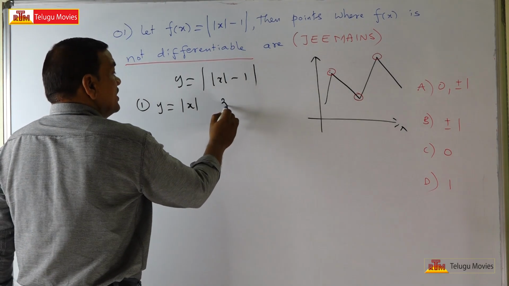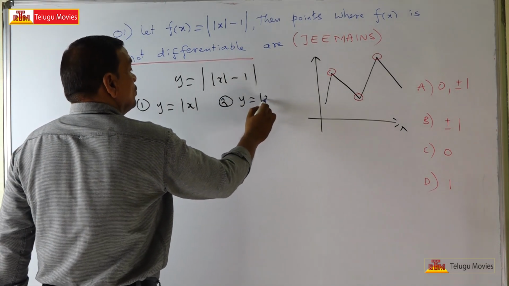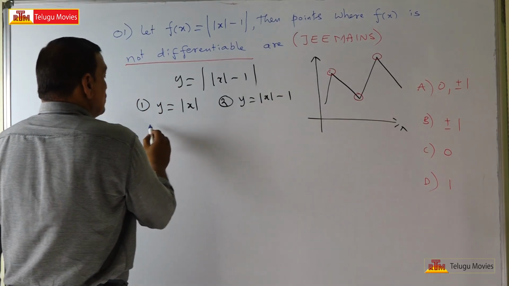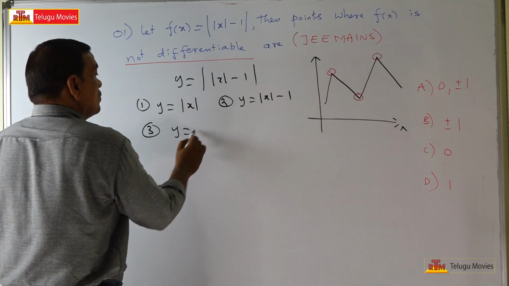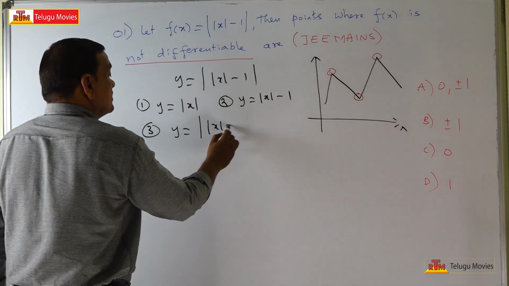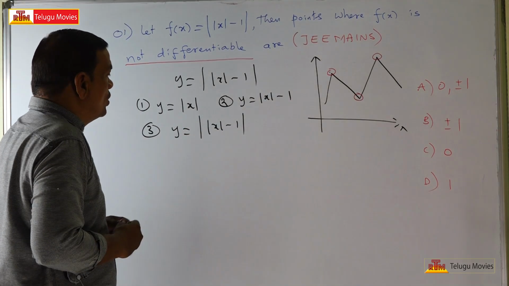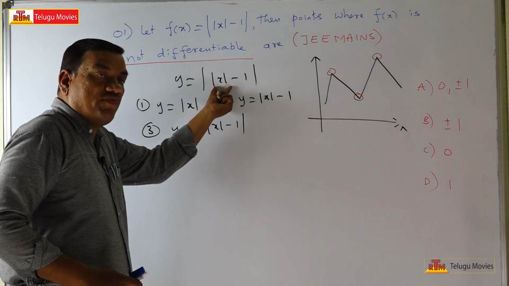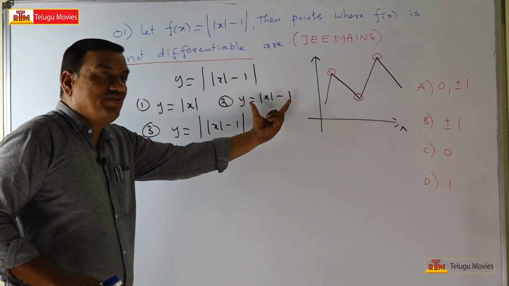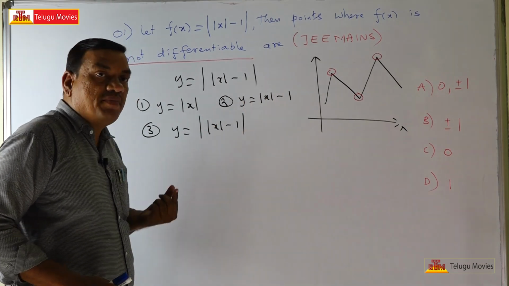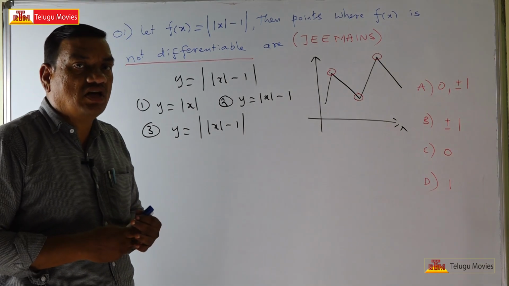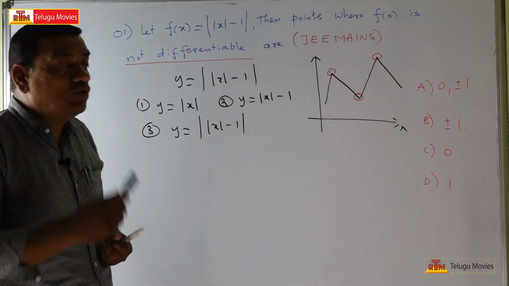The second is to draw the graph of y is equal to modulus of x minus 1. And the third graph is y is equal to modulus of x minus 1. You have to show all three graphs together in one graph.